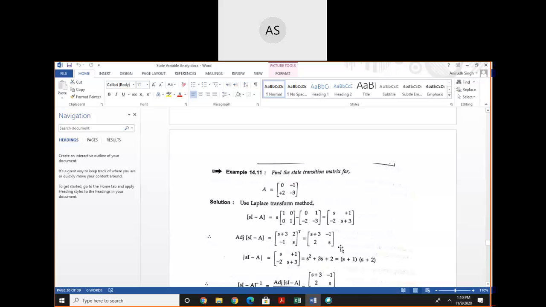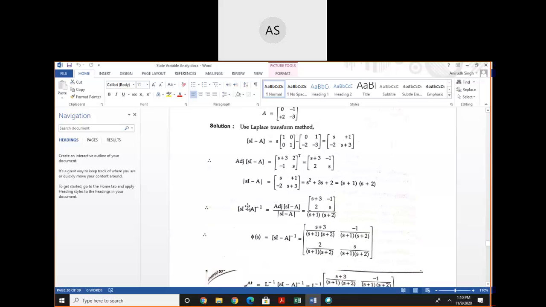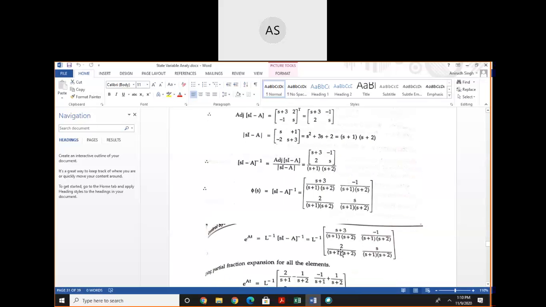The adjoint of this matrix is C11, C12, C21 and C22. Transpose of this matrix: S plus 3, 2, means this row will become column and this row will become column. So the adjoint of SI minus A is given by this matrix.